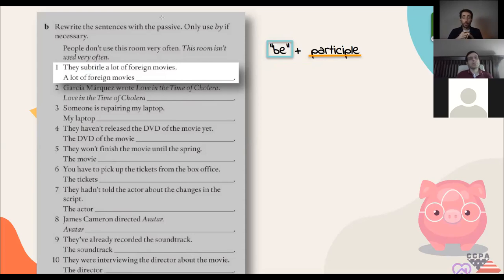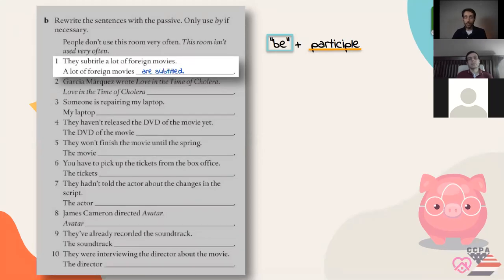A lot of foreign movies are subtitled. Yes, that's what Robert is suggesting over there. Let's take a look at our answer. Exactly. A lot of foreign movies are subtitled with the final ed, right? Because we are now using the participle version.